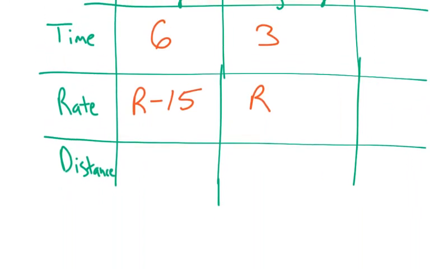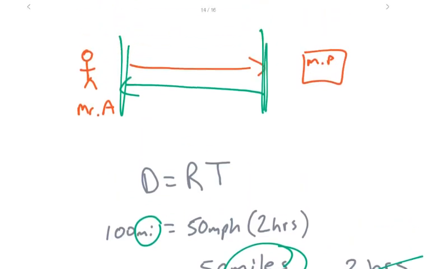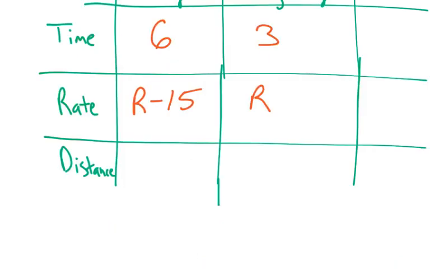Again, she's going to the same place, so just like before when we were talking about going from one destination to the other or back, in this case we're going to the same destination both times, so the distance is still going to be the same. The trick here is to realize some sort of similarity, right?